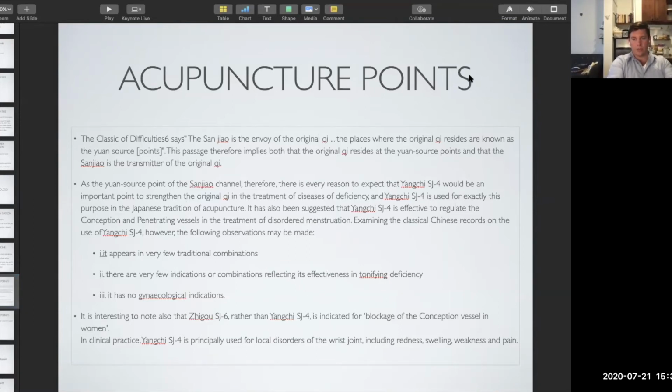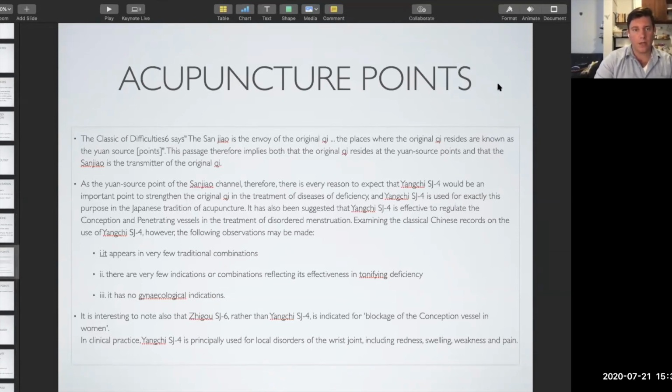Wasn't Sanjiao introduced much later than herbs and acupuncture points? Nope. The Huangdi Neijing, the first text, has the Sanjiao. Sanjiao is as old as Chinese medicine. I mean, that's after herbs and acupuncture points, which predated the Huangdi Neijing, but that's seen as the canonical source of academic Chinese medicine, and we're talking 2,200 years at that point, or so. There's debate about that.